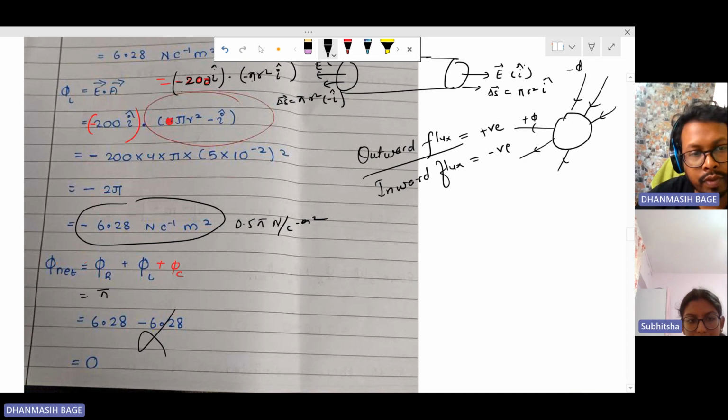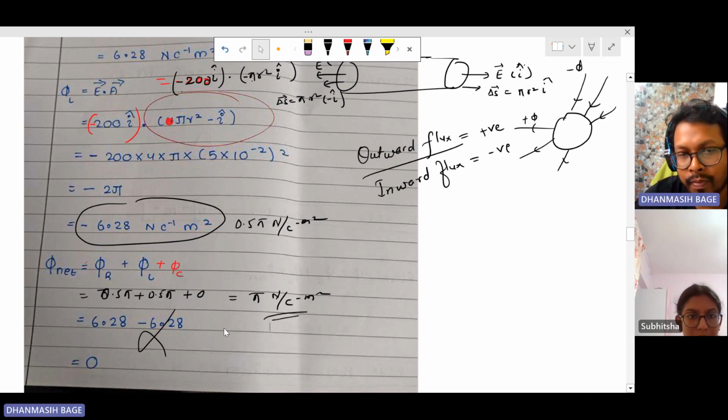So this will be 0.5 pi plus 0.5 pi plus 0. That is equal to simply pi Newton per coulomb meter square, right? If I haven't made any calculation mistake, then this is the right answer. Net flux is not zero.